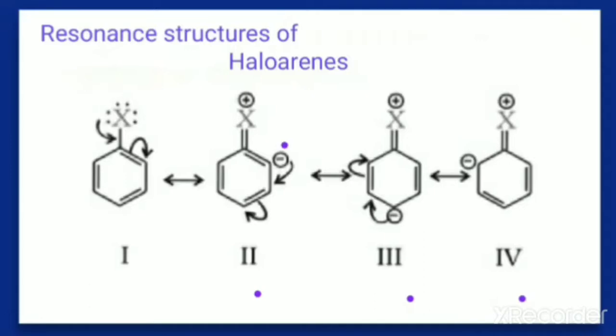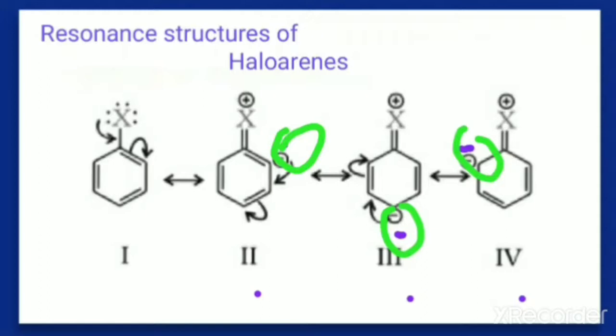Here there is a negative charge at the ortho position, here at the para position, and here also at the para position. So due to resonance, we can find relatively high electron density at the ortho and para positions.